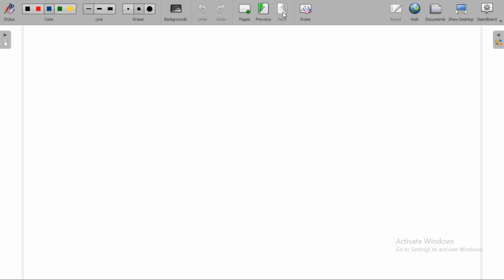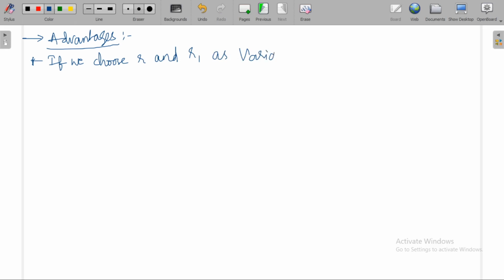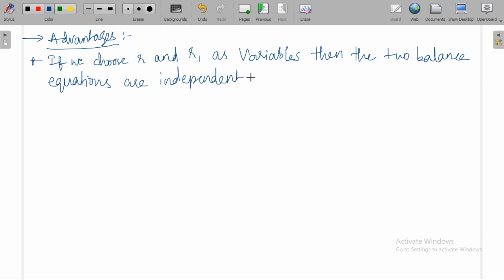Coming to the advantages. If we choose R and R1 as variable elements, then the two balance equations are independent of each other.